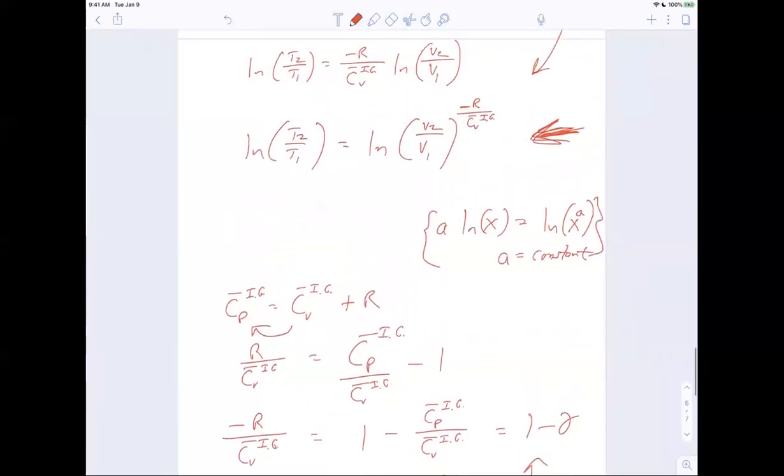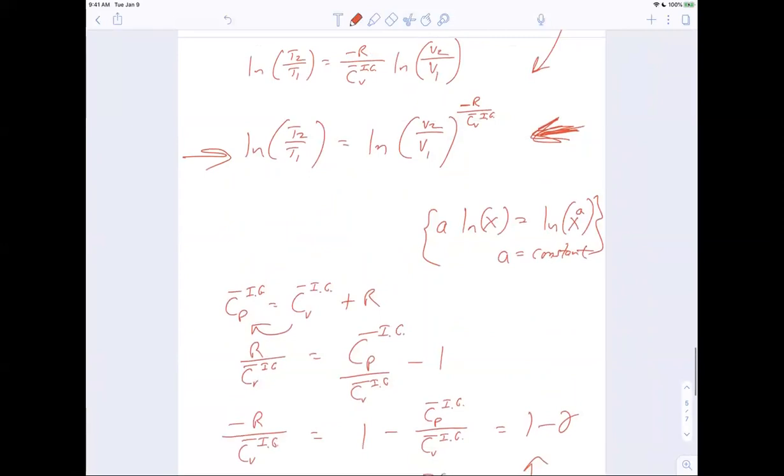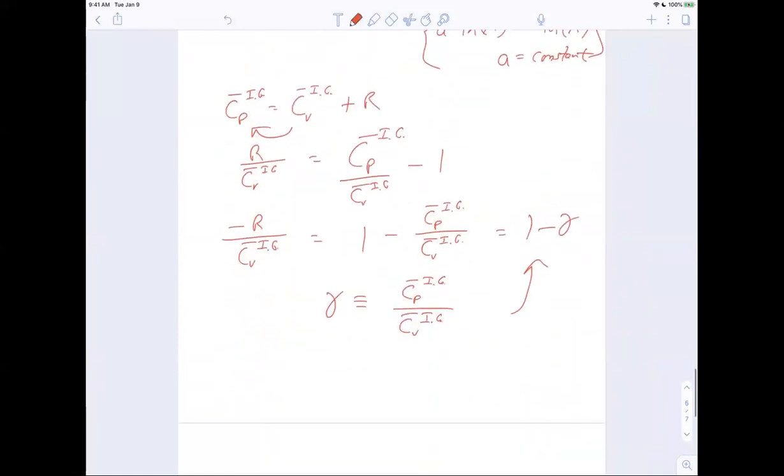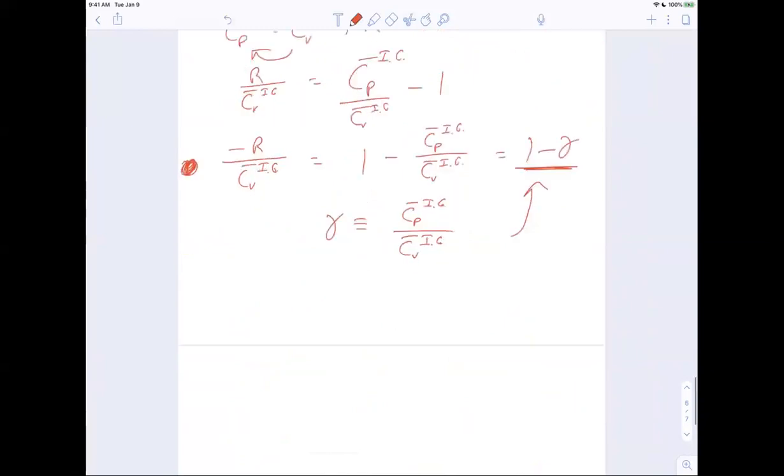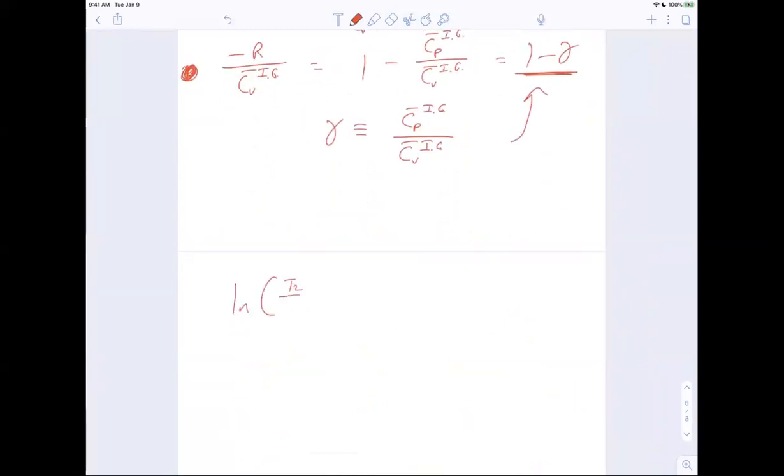So we can then go back and simplify this expression. Natural log of T2 over T1 is equal to natural log of V2 over V1 raised to this minus R over CV ideal gas. But that minus R over CV ideal gas is this guy right here, and we saw that it's just equal to 1 minus gamma. So we have natural log T2 over T1 is equal to natural log V2 over V1 to the 1 minus gamma.